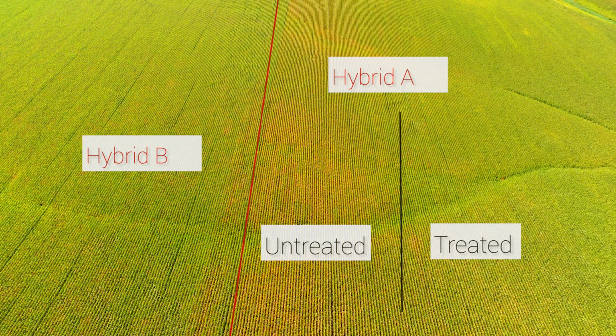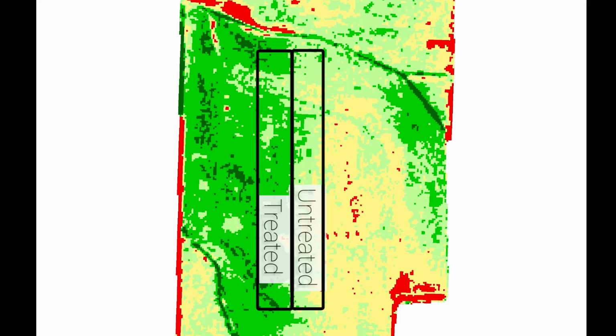We've got a hybrid change that's also showing up here, but we're looking at a portion of this one hybrid is without fungicide, and then part of it has fungicide, and that's what we'll be looking at in the field. You can also see from the imagery that difference showing up here. There's kind of a line, there's two lines, one of them's a hybrid line, but there's also a fungicide line. So I thought we'd go out and look at that in the field.